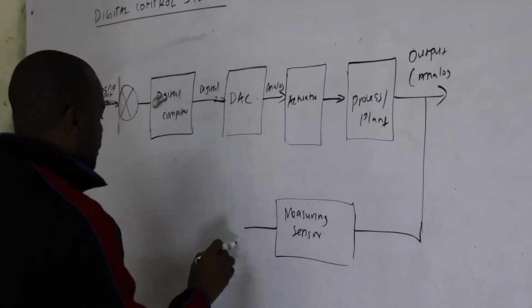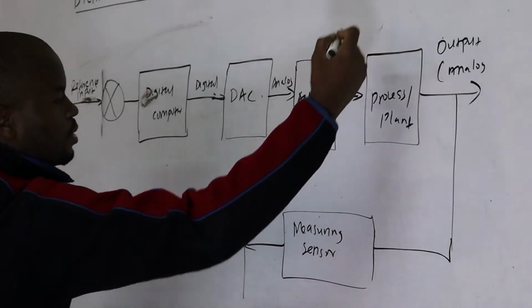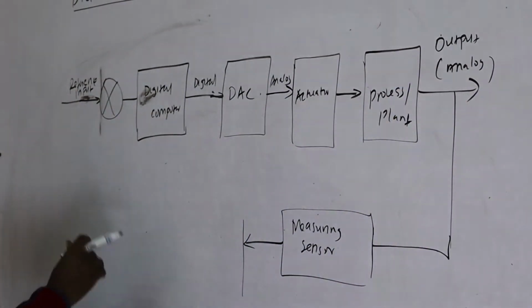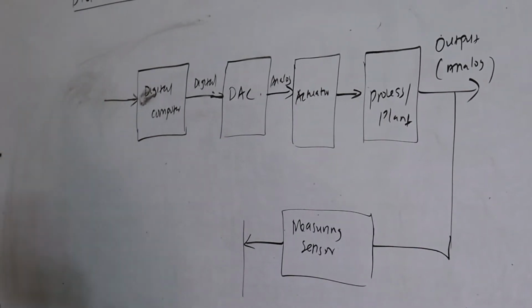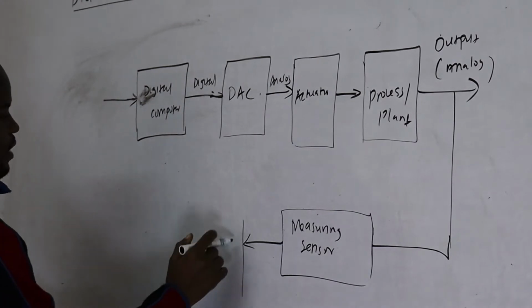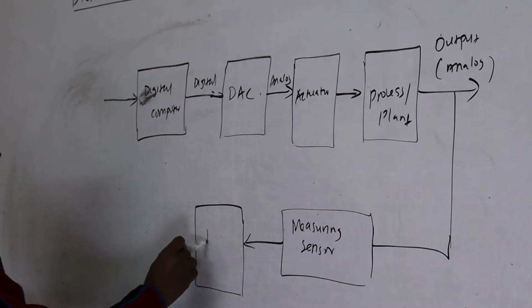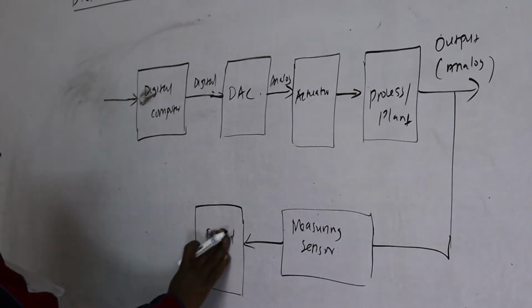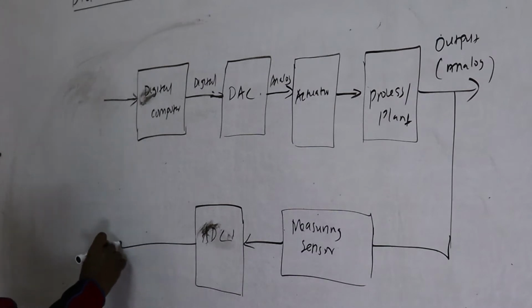After the measuring sensor, we can have analog to digital conversion, because the output that we have there is analog, and before it can get to the computer we convert it to digital. That is the ADC, analog to digital converter, so that it can be compared.